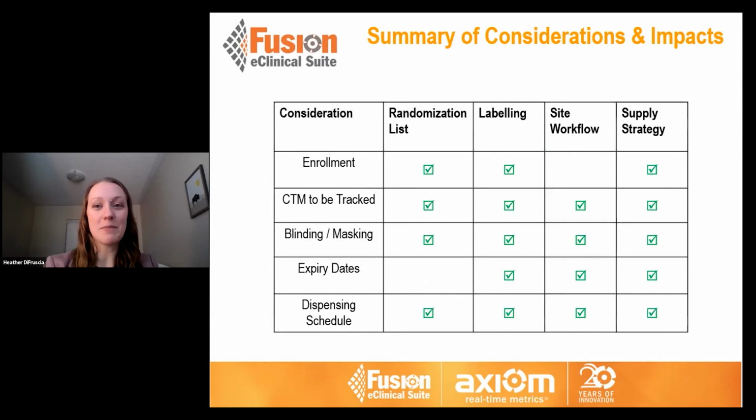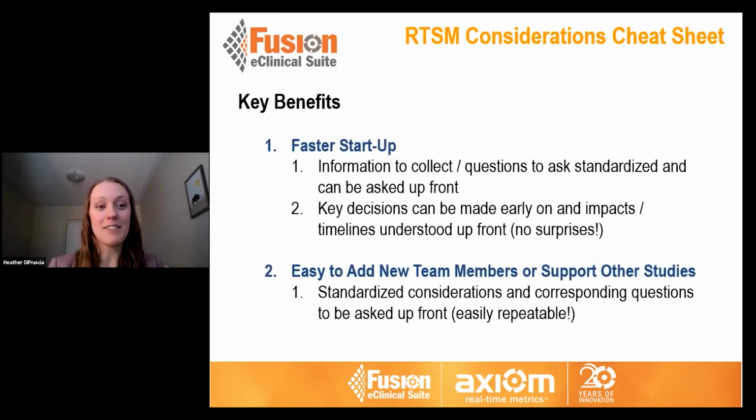We have our summary of the considerations and impacts that we talked about here. So we have our different considerations and the impacts for each. As we discussed today, there's lots of questions to ask, and we touched on many of those. This really helps make sure there's a faster startup. You're collecting that information, asking those questions up front, and you're able to make those decisions early on.